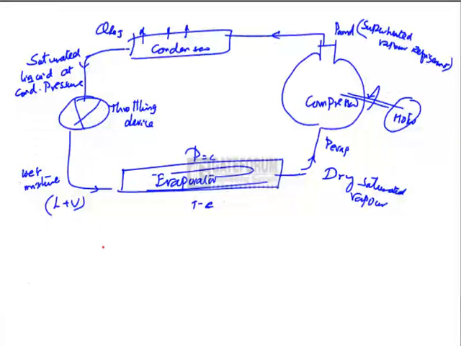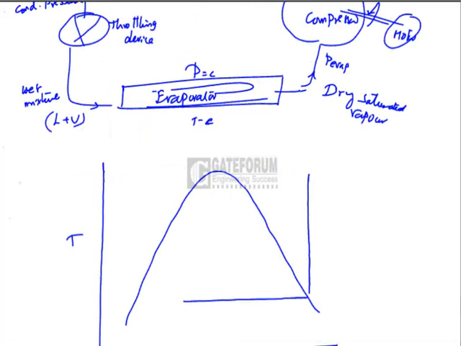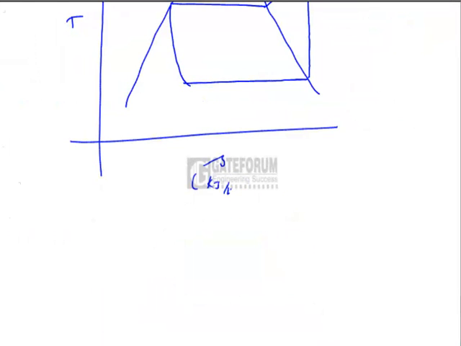If you represent the cycle on temperature entropy diagram, the VCR cycle. This is also called simple dry saturated VCR cycle, vapor compression refrigeration cycle. This is entropy. State 1.